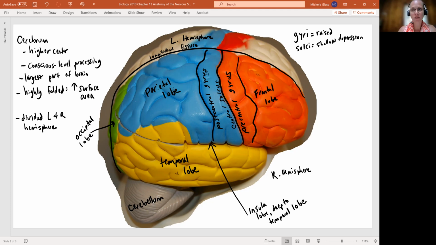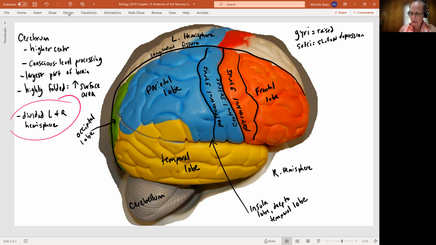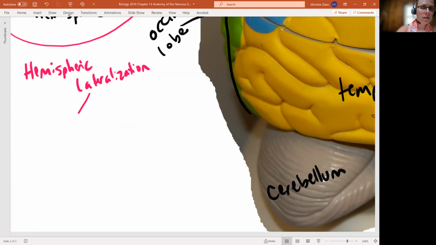The last little bit of information I wanted to pick up here is this idea that we do have left and right hemispheres, and so we get what's described as hemispheric lateralization.